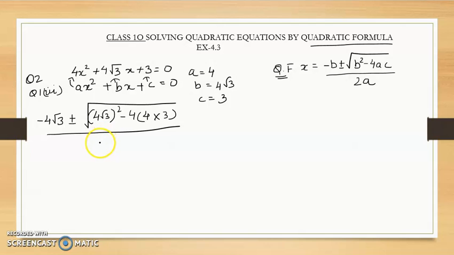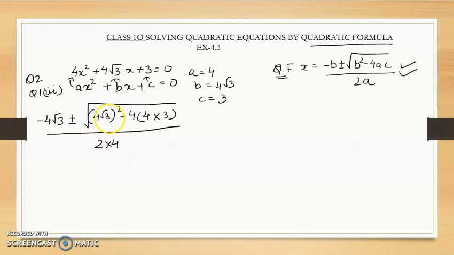What is the value of a, students? 4. Are you following? I'm substituting these values in the quadratic formula. Clear, students? Minus b, so minus 4 root 3, plus minus b square, 4 root 3 whole square, minus 4a, a is 4, c is 3, divided by 2a, so 2 into 4. This way we will solve.